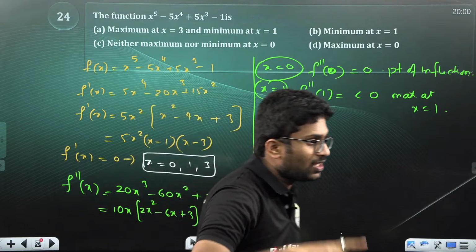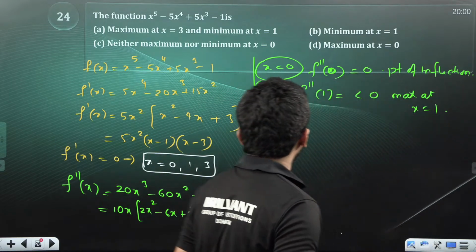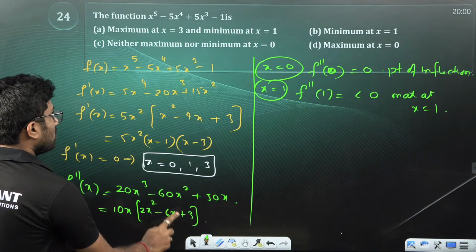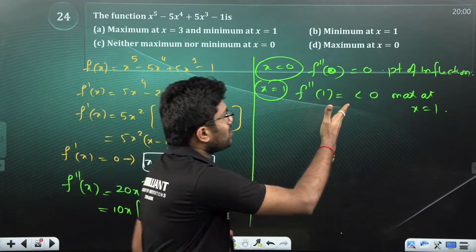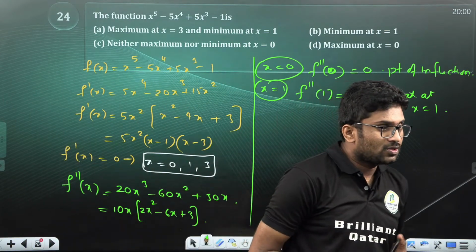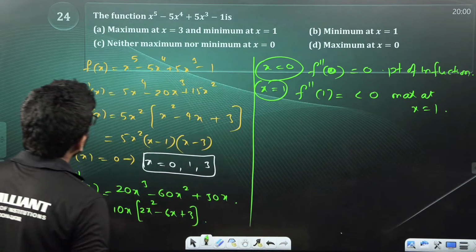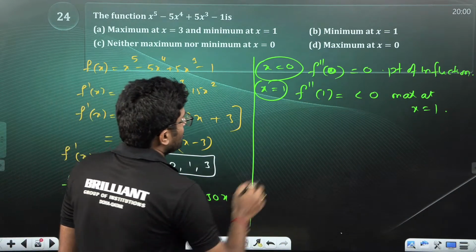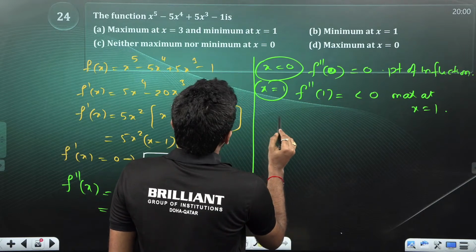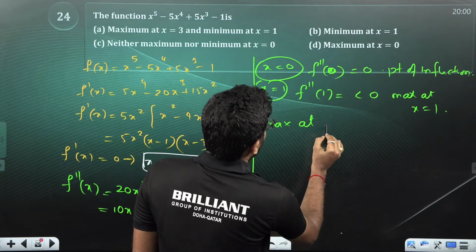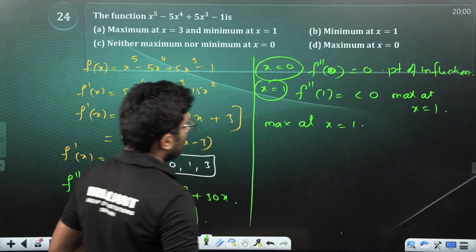You are wrong, Hanna. 2 plus 3 is 5, 5 minus 6. Yes, f double dash 1 is less than 0. So how can A be the answer? No friend, check. So we get maximum at x is equal to 1.